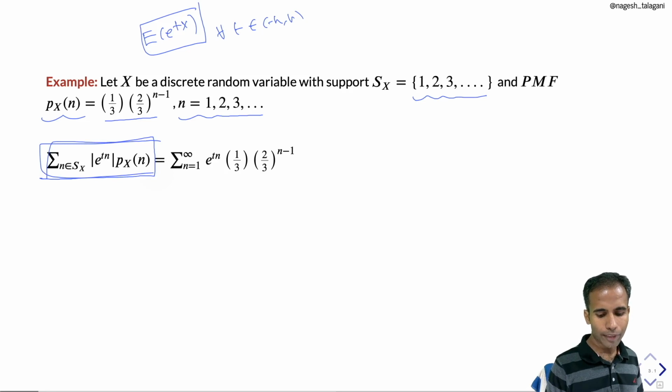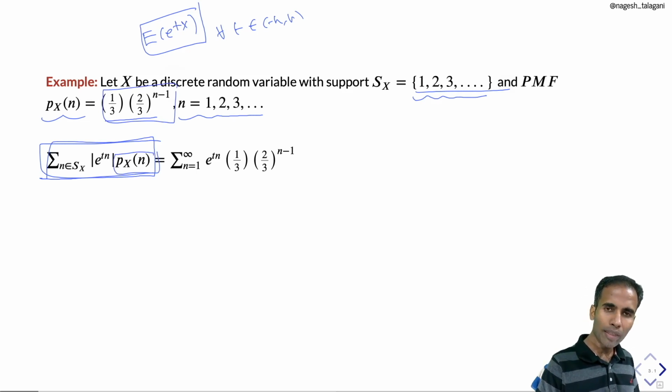Okay, let's see. Here the exponential function is always positive, so we don't have to put a modulus for this e^(tn), and the support is 1, 2, 3 and so on. So we write the summation n equal to 1 to infinity of e^(tn), and I replace p_X(n) with 1/3 times (2/3)^(n-1).